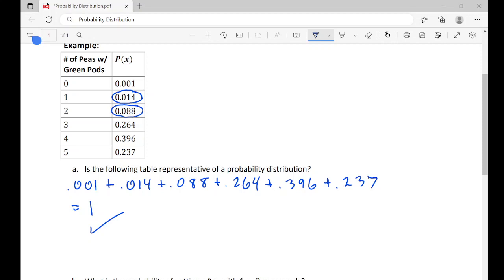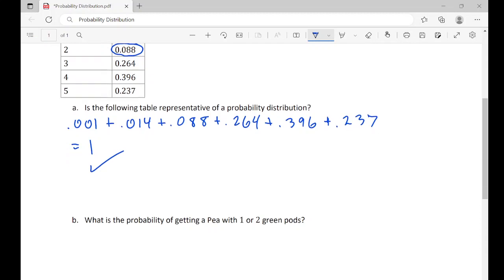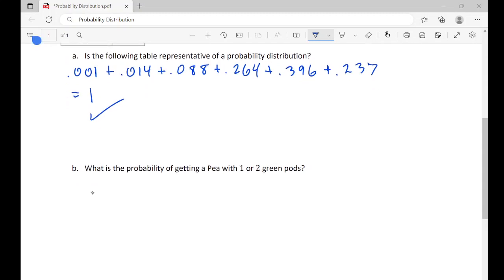So we want to know the probability of getting 1 or 2, and since it says or here, that's the main idea, we add. So we're going to do 0.014 plus 0.088, and we add those together, we're going to get 0.102. So the probability of getting a pea with 1 or 2 green pods is 0.102.